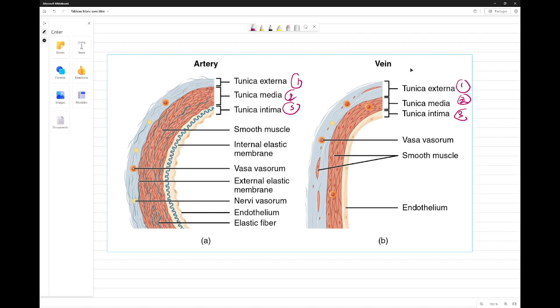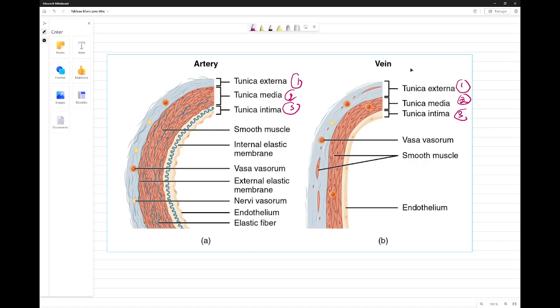The tunica media in the vein, however, is smaller than the tunica media in the artery. The tunica intimas are relatively the same, but the vein doesn't have the same amount of elastic fibers within all three tunics.